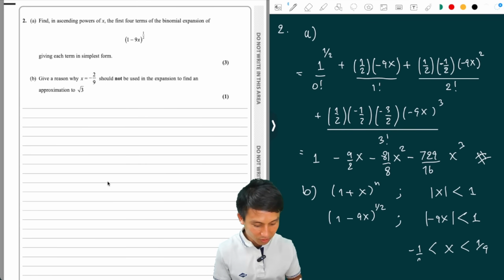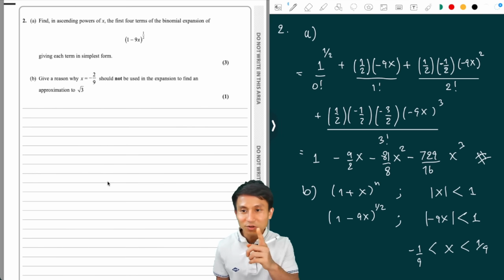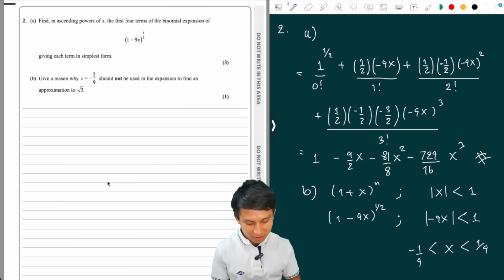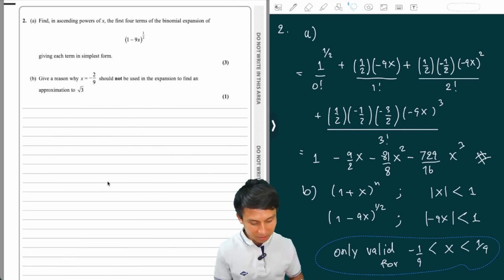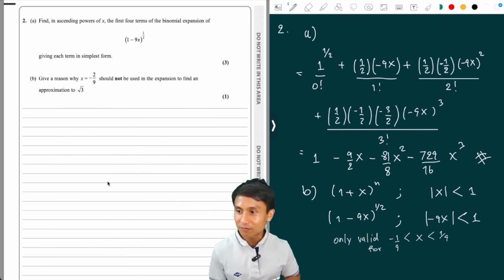If you have done modulus, then it should be the range of this. Now, minus 2 over 9 is out of the range, right? So this whole thing is only valid for that, right? So that means minus 2 over 9 is not in that valid range, okay?